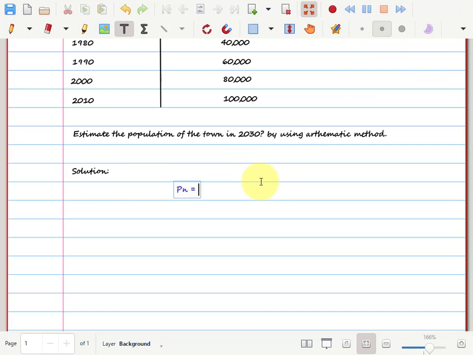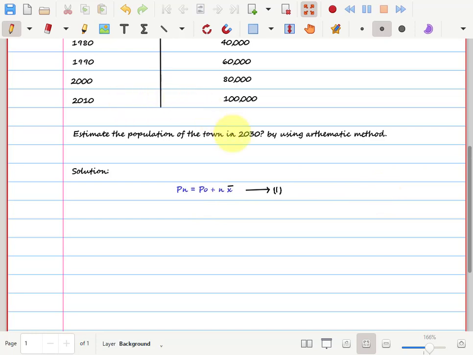Pn is equal to P naught plus n x bar. So this is our equation number 1. Let's see if we got everything in this equation or not. If not, we will find everything and then put it in.